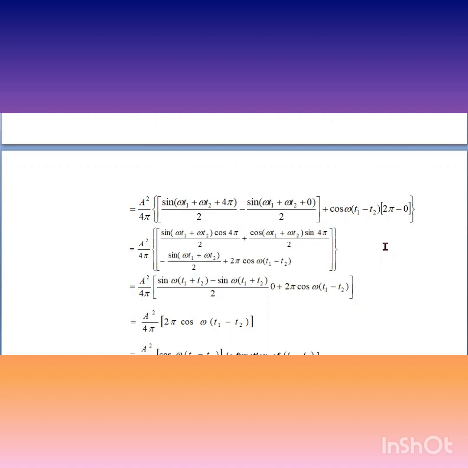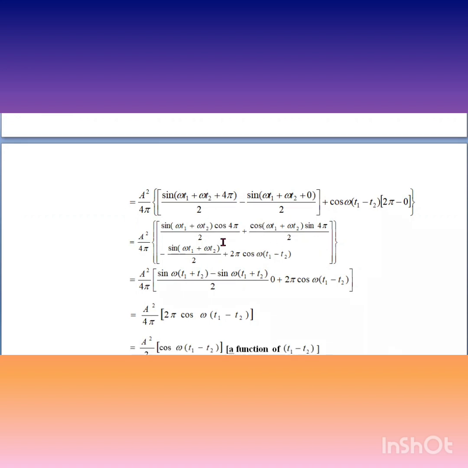So the first term, A squared divided by 4π, sin(ωt1 + ωt2 + 4π). We are expanding sin(A + B) using the formula sin A cos B plus cos A sin B. So sin(ωt1 + ωt2) cos 4π plus cos(ωt1 + ωt2) sin 4π, divided by 2.